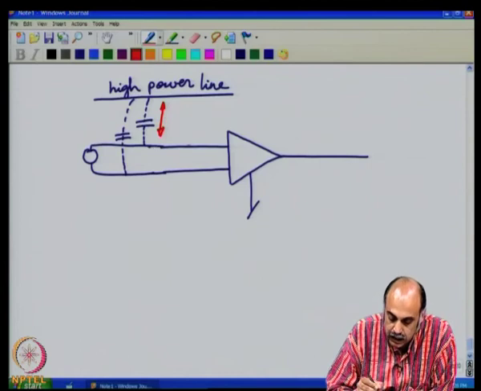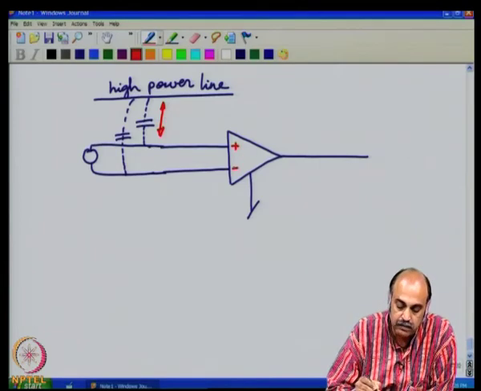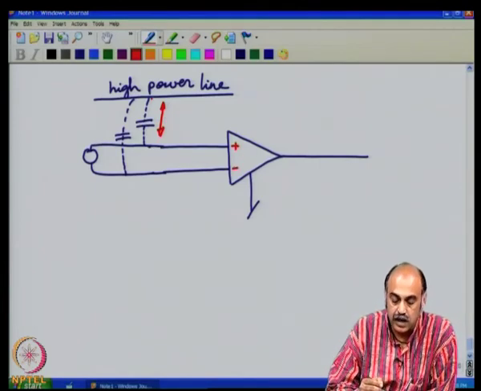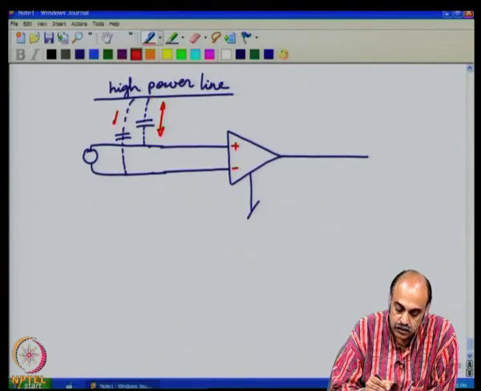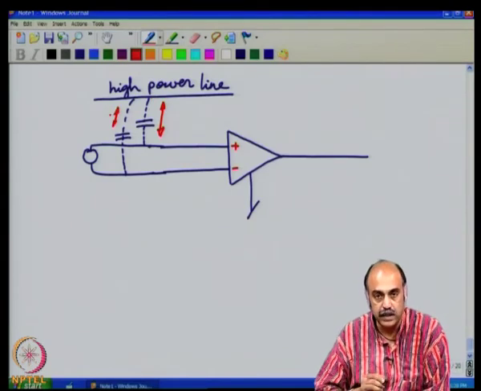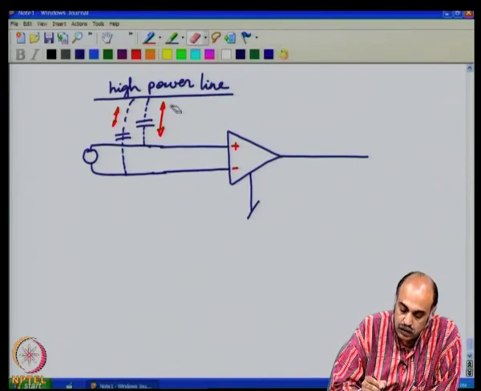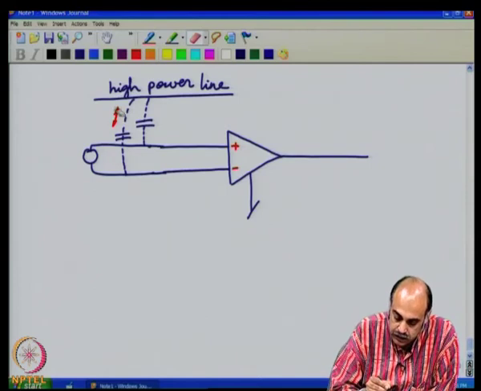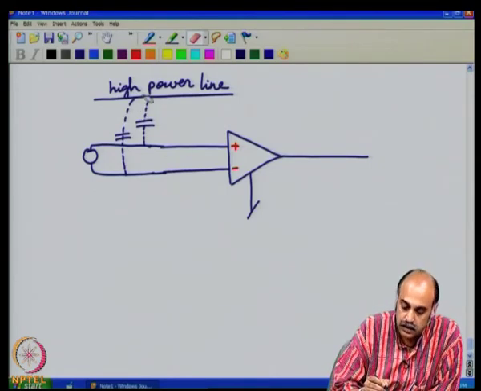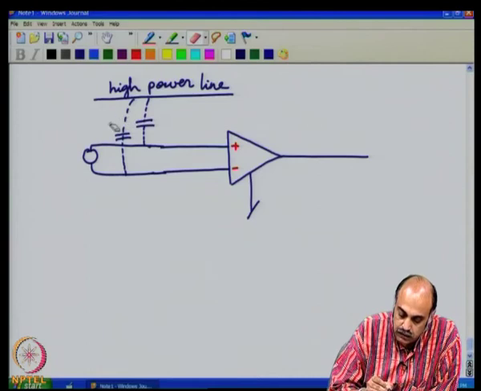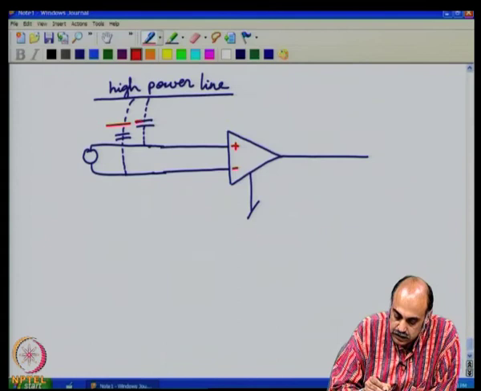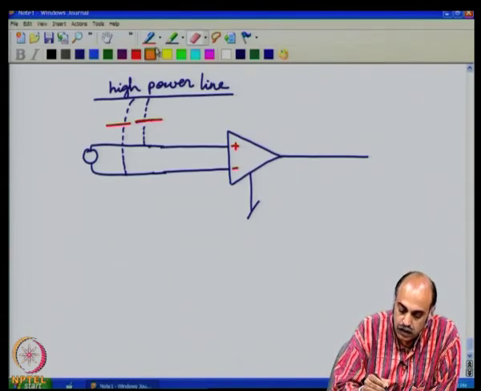So, it is important to see that we increase the impedance of this line, that is the positive line, and the negative line to any external line, the impedance to be as high as possible. So, one way of increasing the impedance between the line that matters and any external line is to split the capacitance, let us say, into two capacitances, for example.